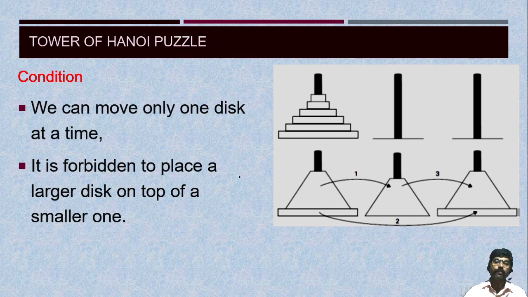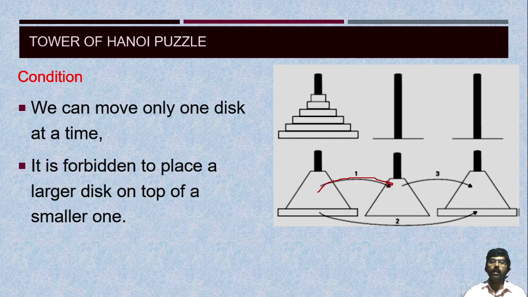Now, how do we solve that problem? If you see this diagram, if you have n discs and n is more than 1, what you have to do is move the n minus 1 discs to peg number 2.